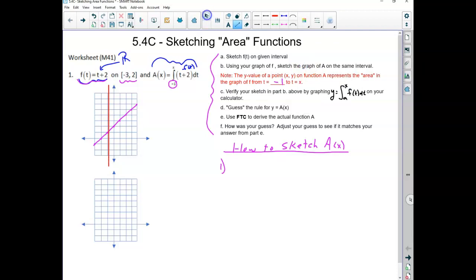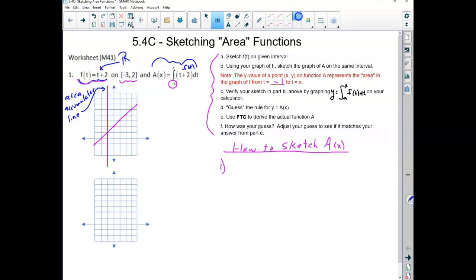Technically, I'm going to call this my area accumulator line, okay? I'm going to write that down here. This is my area accumulator line. This is where the basis of everything is going to happen for me.